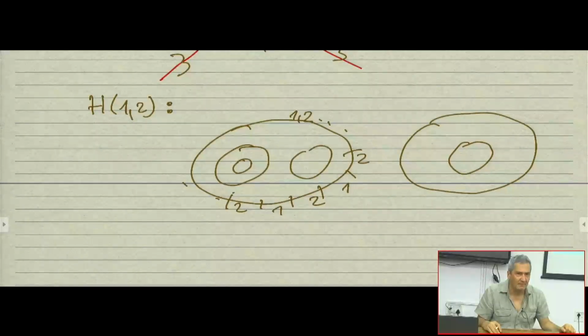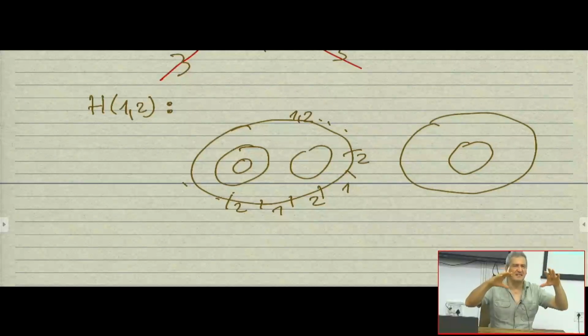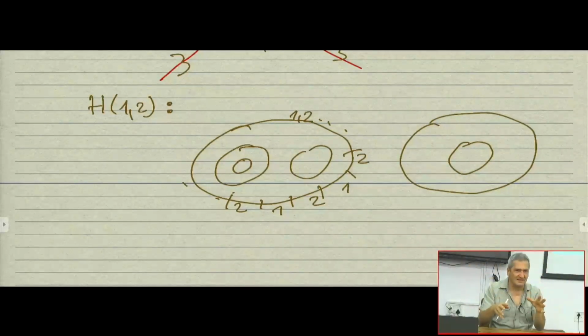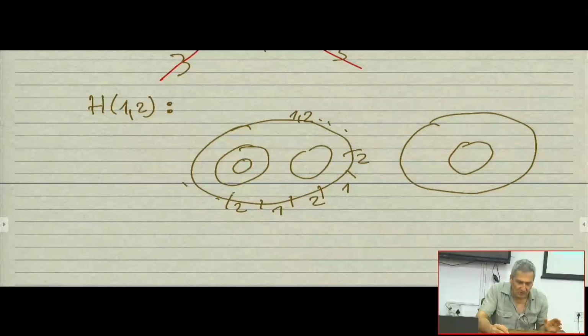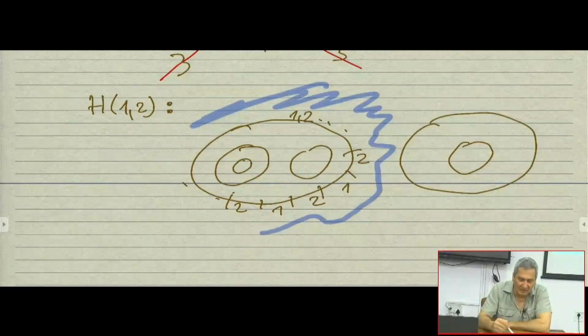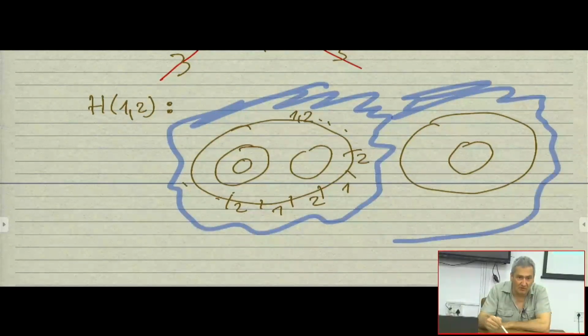Can we color the faces of these cycles black and white with two colors? Let's say, maybe not black and white, but blue and yellow. Suppose I first color blue everything that is outside. Then I go inside of each one and color yellow.